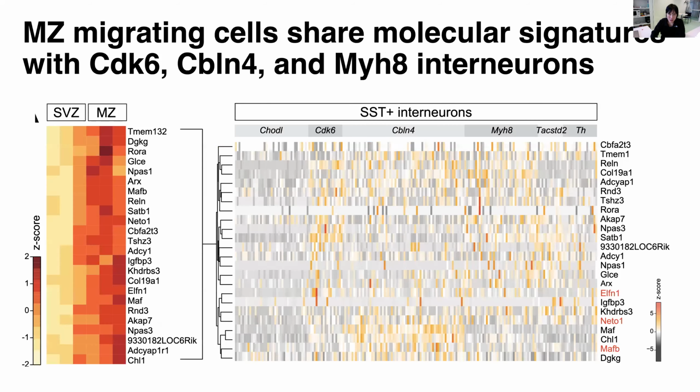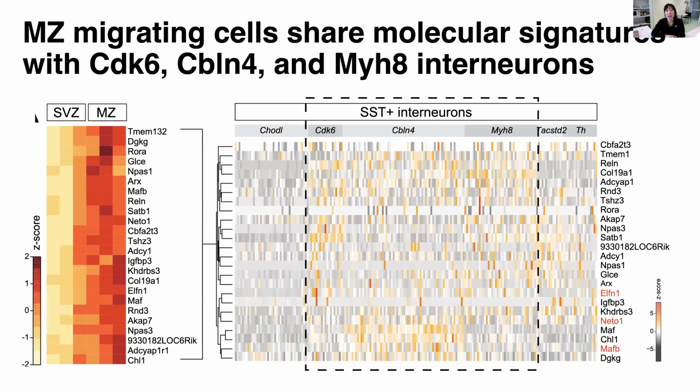When we do this analysis, what we find is that these genes enriched in the marginal zone are also highly enriched in 3 populations: the CDK6, Cerebellin 4, and MYH8 populations, telling us that marginal zone migrating cells share a similar molecular signature with these 3 populations of interneuron.